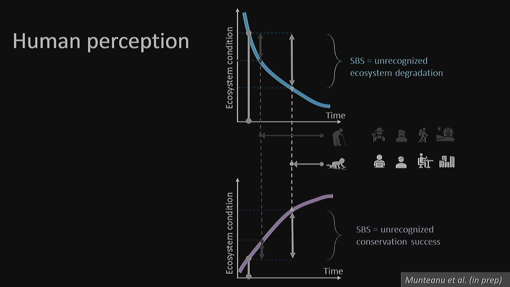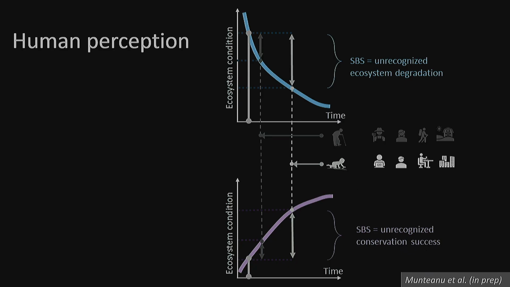And this is problematic because especially when conservationists or managers are affected by this shifting baseline syndrome, then they tend to make decisions that are sort of oblivious of the historical state of the ecosystem. This is valid both in terms of ecosystem declines or losses of species, but also in terms of recovery, where it could be problematic.